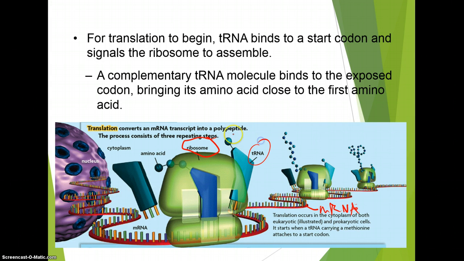So the tRNA is kind of like a little car that's bringing in this amino acid, and it's going to bring it in here, and then it's going to get attached to this one. It's kind of like a drive-through bank. They run through the ribosome, each tRNA holding its own amino acid, parks when it matches up with the mRNA, and releases its amino acid, and it gets bound to the other one left behind.